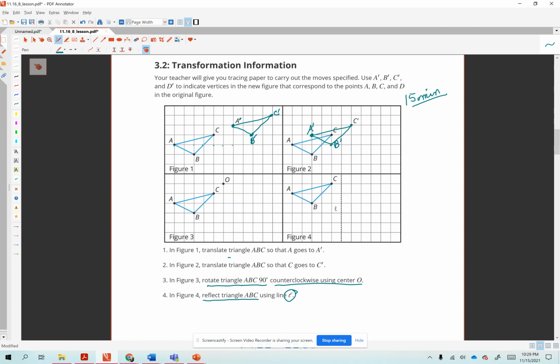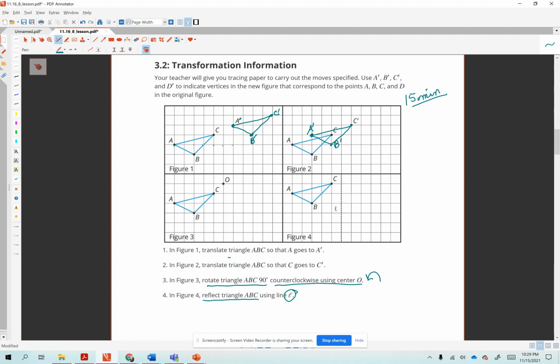So now figure 3, we're going to rotate A, B, C 90 degrees counterclockwise. So counterclockwise is in that direction using center O. So counterclockwise, we're going to rotate 90 degrees.